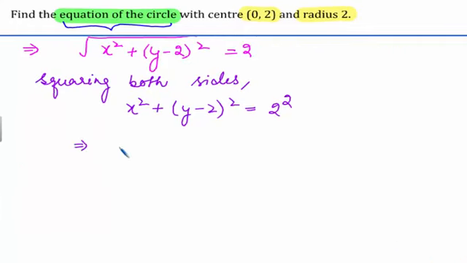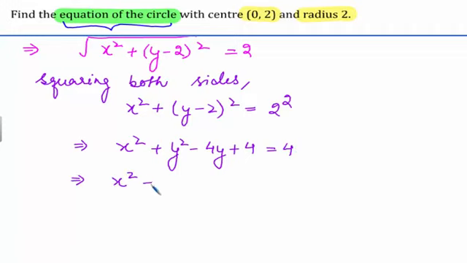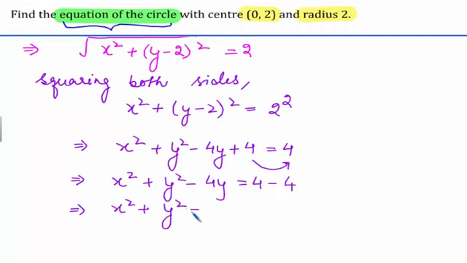This implies that x square plus y square minus 4y plus 4 is equal to 4. This implies that x square plus y square minus 4y is equal to 4 minus 4, taking this 4 on the right hand side. This implies that x square plus y square minus 4y is equal to 0.